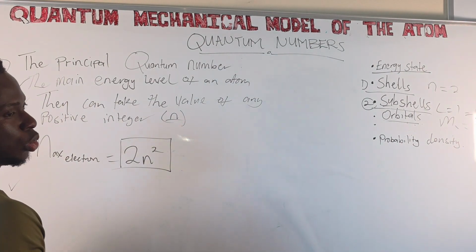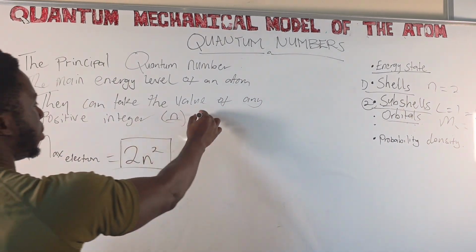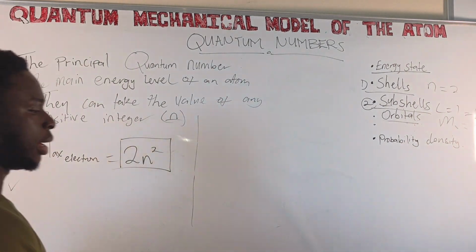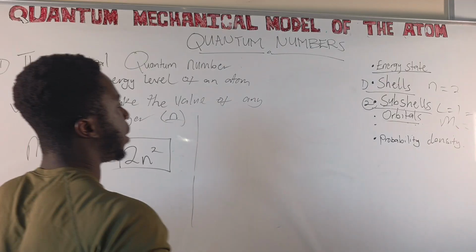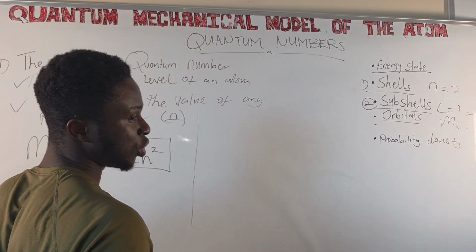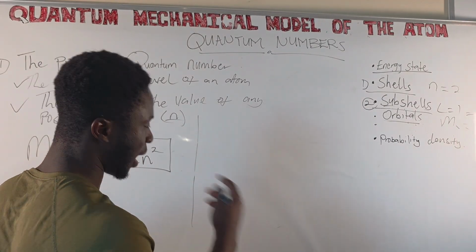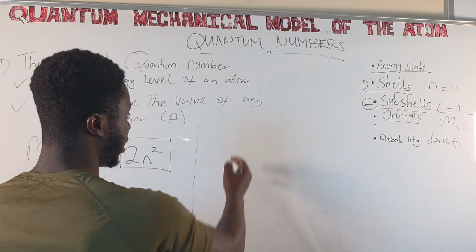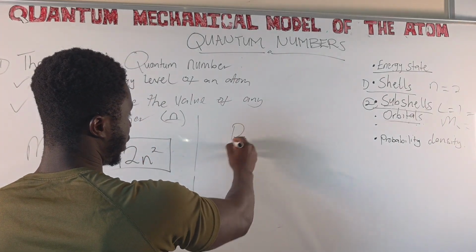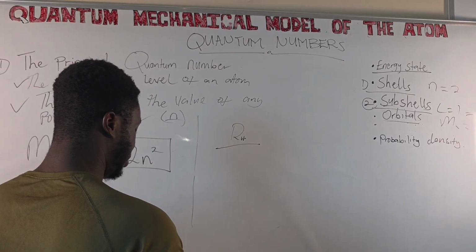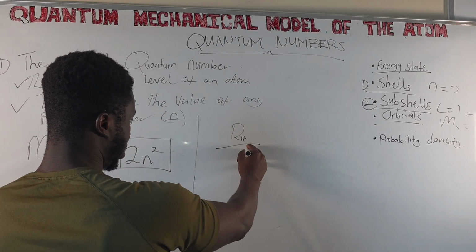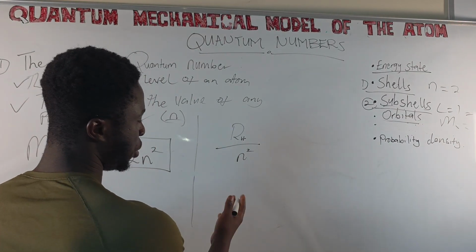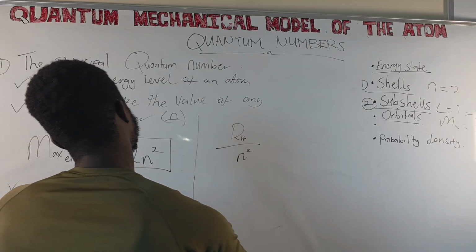Remember when we were finding the amount of energy an electron can exhibit in an atom, we used the Rydberg energy equation, R_H divided by n squared.